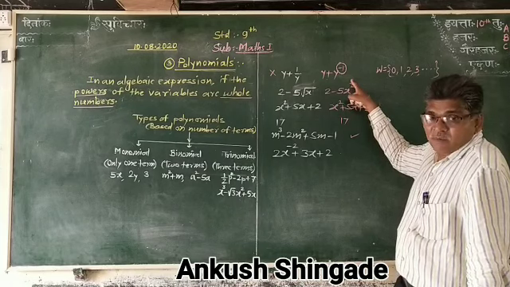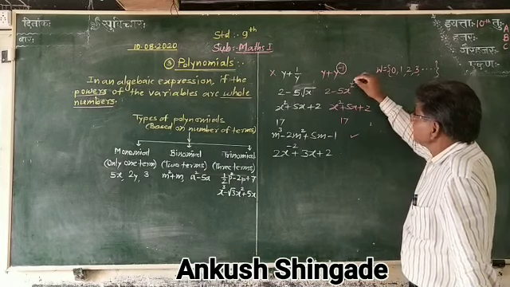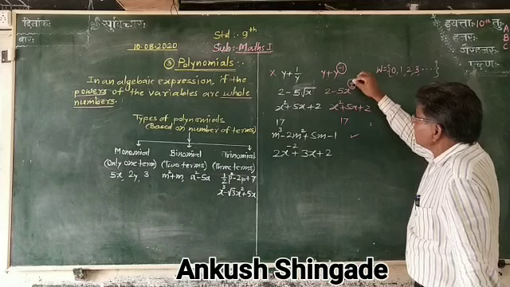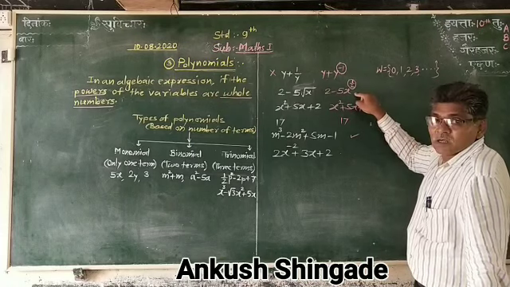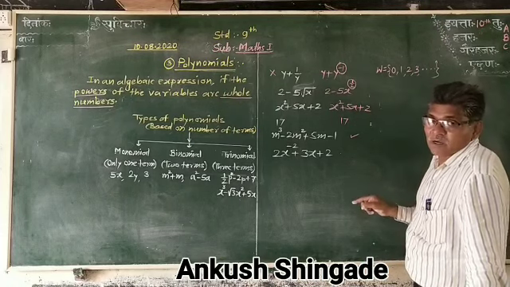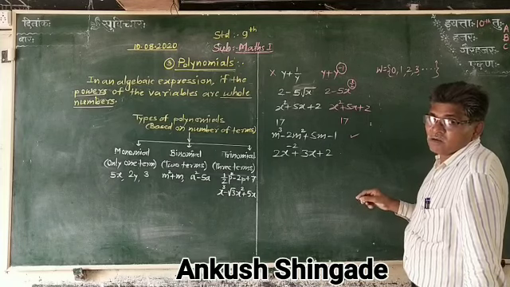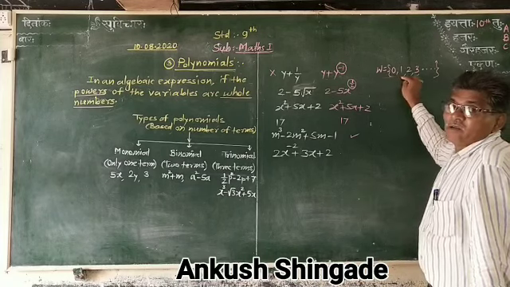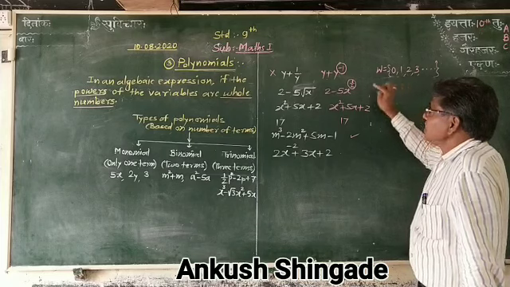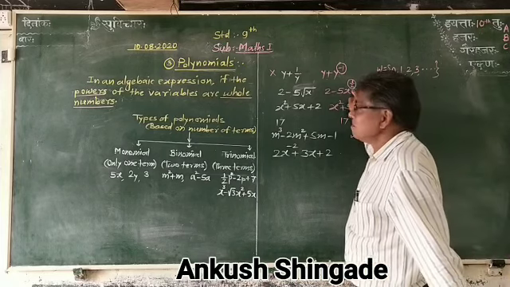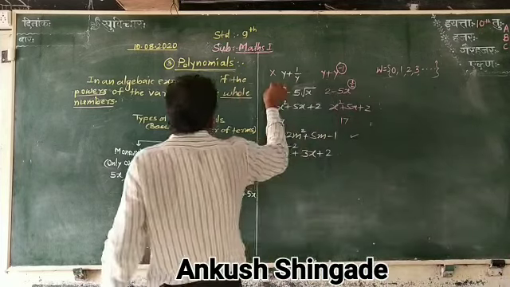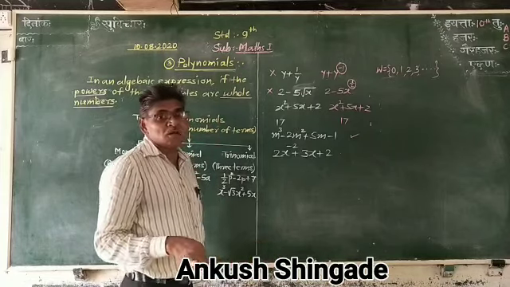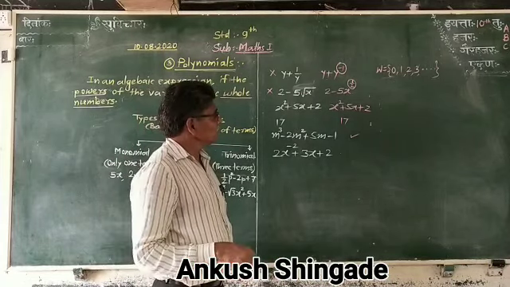But in this example also, friends, the power 1 upon 2 is not a whole number. It is also not included in this set. Therefore, the given expression is not a polynomial.